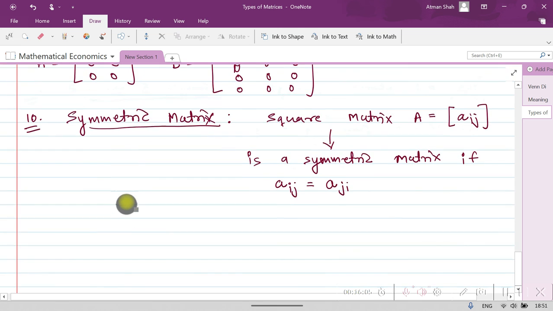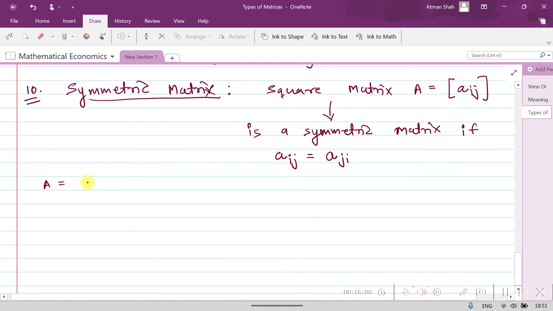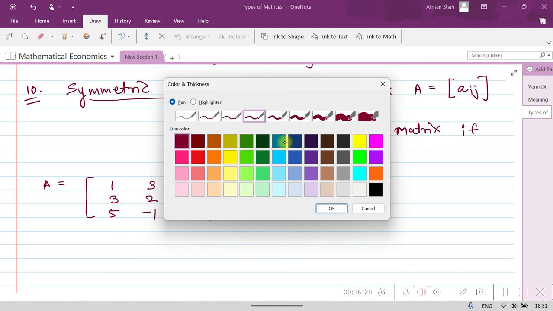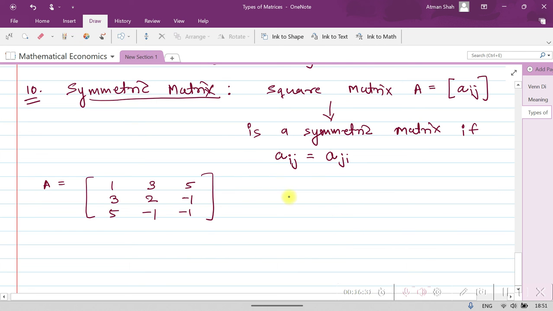Let's understand this with example. So suppose we have matrix A which is equal to 1 3 5, 3 2 minus 1, 5 minus 1 minus 1. Now here you can see A12 is 3. And now you see the value of A21.